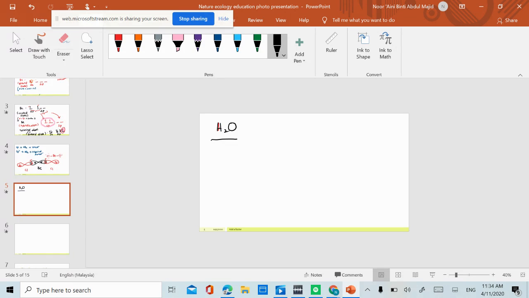The central atom is oxygen, and if you draw the Lewis structure, it will be like this, and the shape is bent or V shape. Oxygen, ground state, 6 electrons, 2s, 2p, 1, 2, 3, 4, 5, 6.